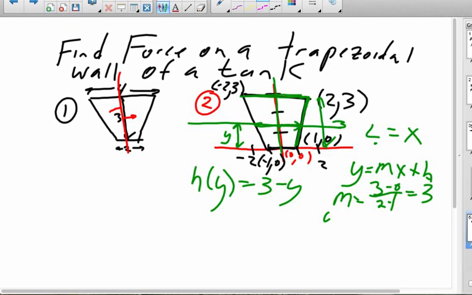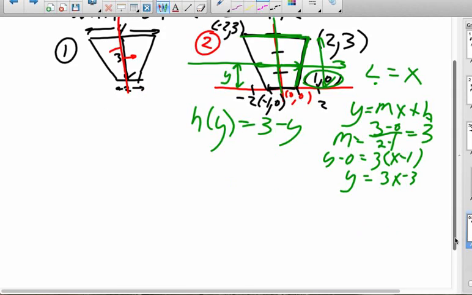So now I'm going to have y, and I'm going to pick this point, so it will be y minus 0 equals 3 times x minus 1, or y equals 3x minus 3. And then I need to solve this for x, because I want an x equals. So 3x is going to equal y plus 3, or x equals y plus 3 over 3.